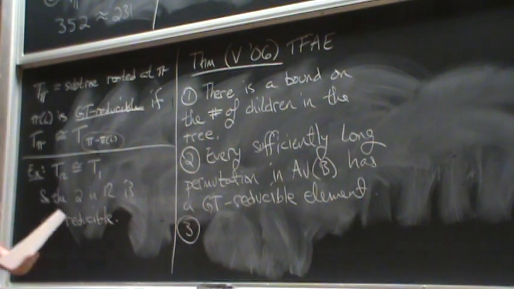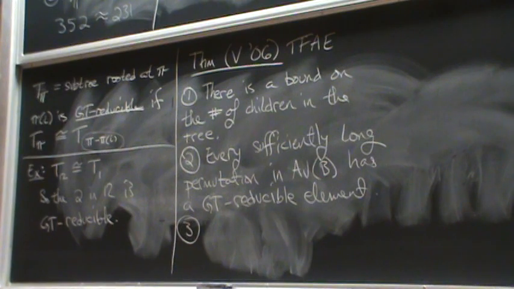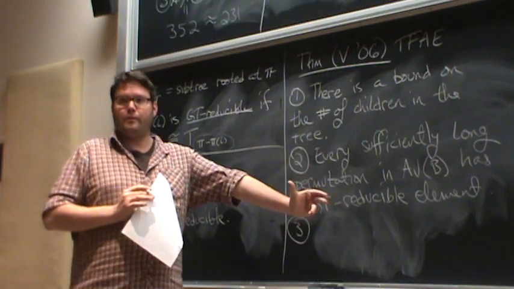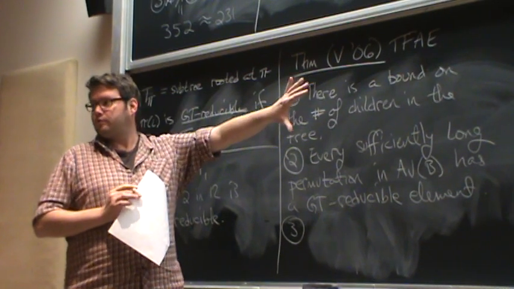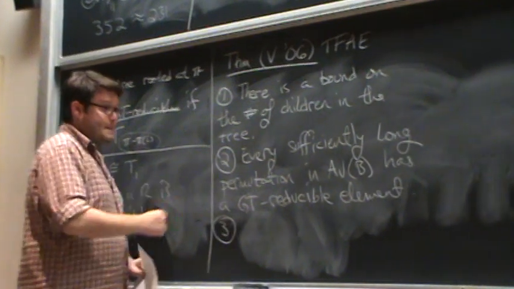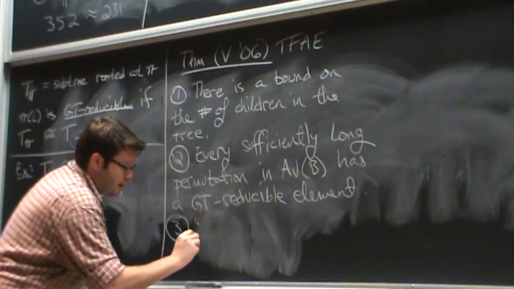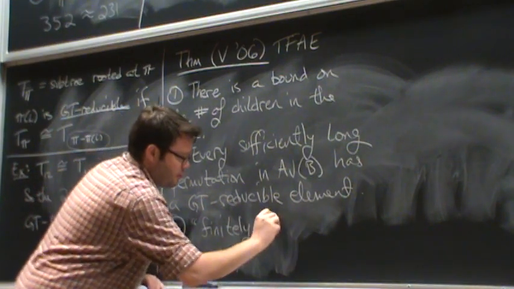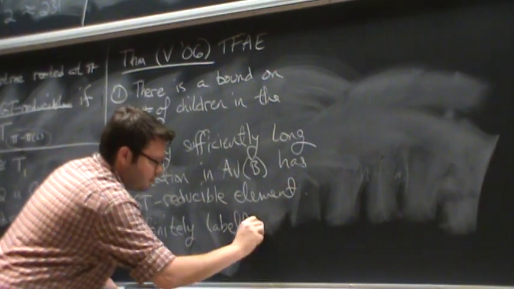Okay, and this is the consequence I've been mentioning throughout. If everything that's long enough has a GT reducible element, we only have finitely many isomorphism types, so we can compute the rational generating function easily. And another way this is often said is that we can label the generating tree with only finitely many labels.